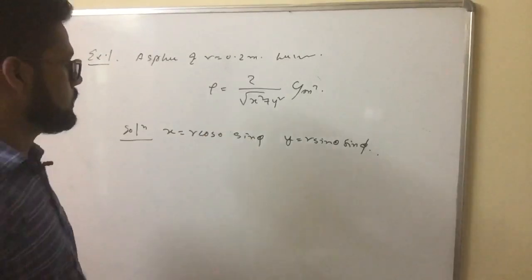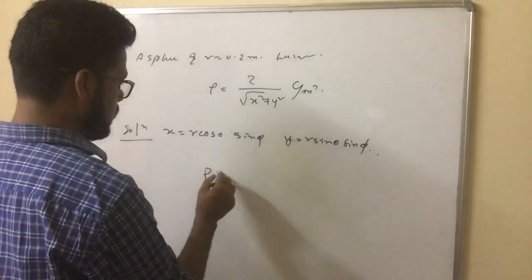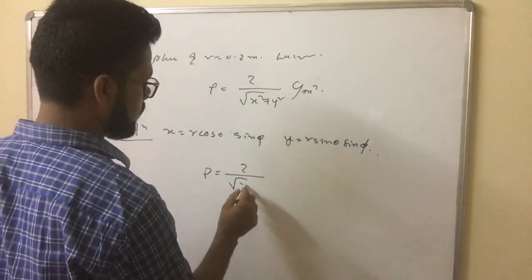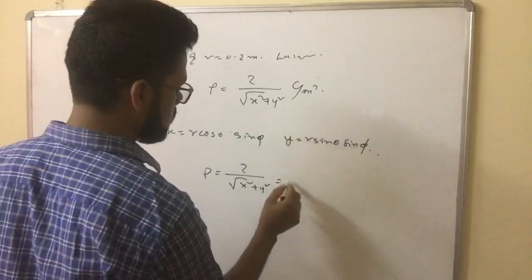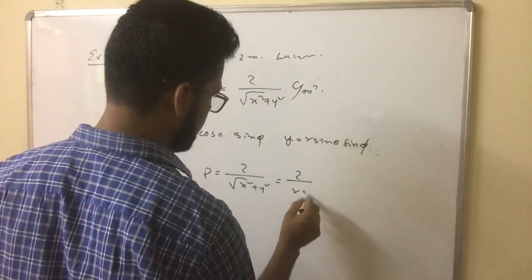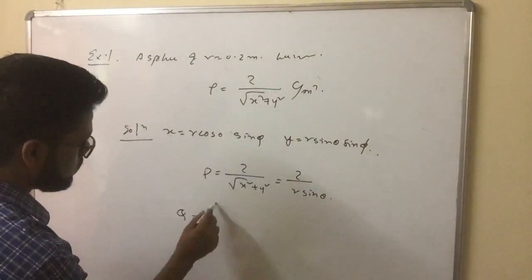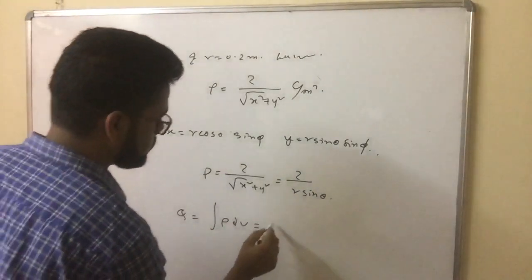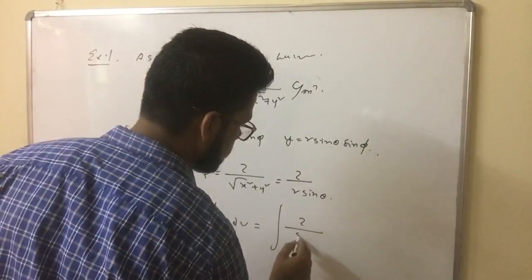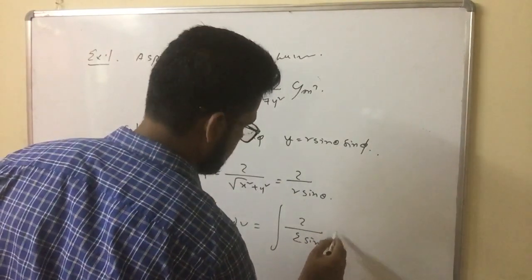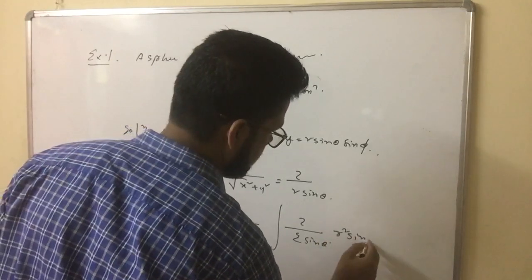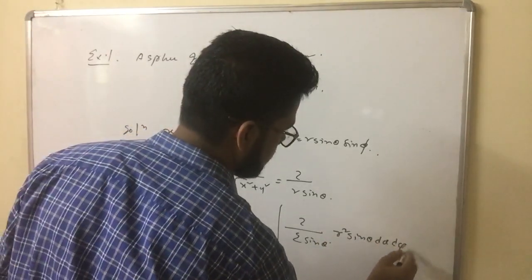So you put this value and you will get rho equal to 2 by the square root of x squared plus y squared, which equals 2 by r sin theta. And the total charge Q equals the integral of rho dV, which is 2 by r sin theta times r squared sin theta d theta d phi dr.